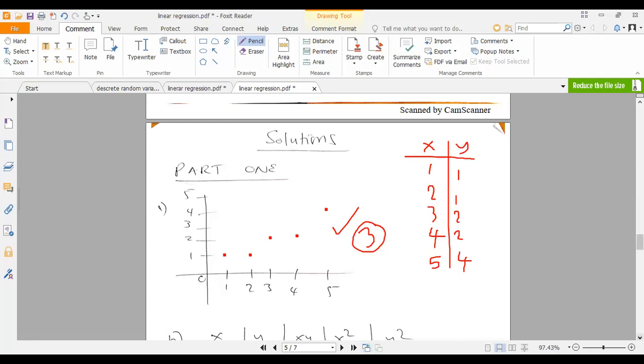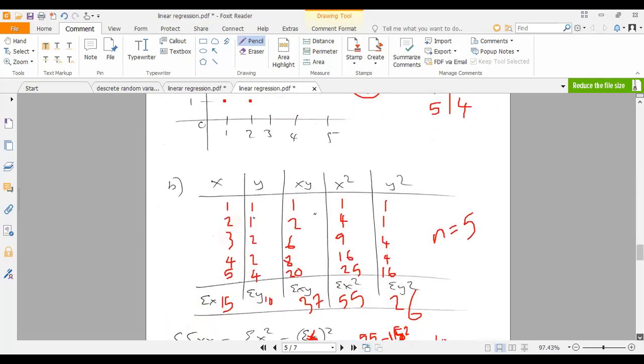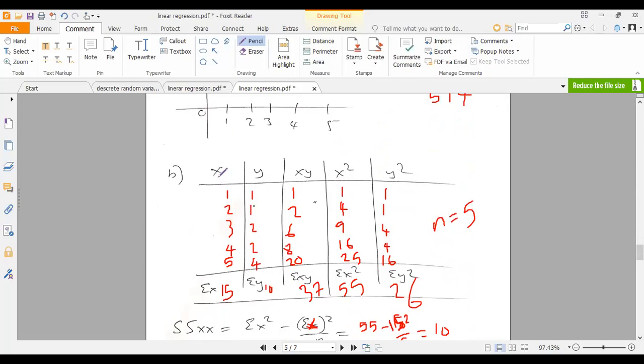So we firstly need to fill in these values of x, values of y, and xy, which we multiply. 1 times 1 is 1, 2 times 1 is 2, 3 times 2 is 6, 4 times 2 is 8, and 5 times 4 is 20. When we add here, we get 37. When we add here, we get 10, and here we get 15.